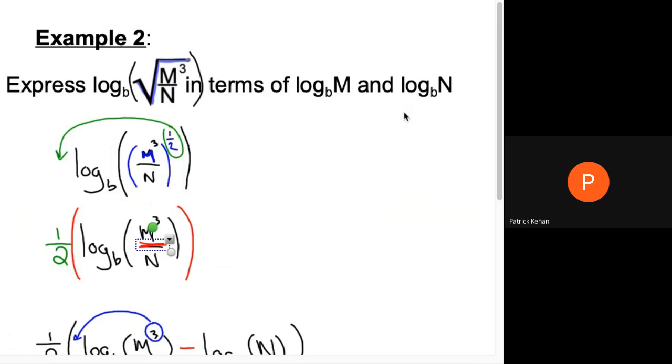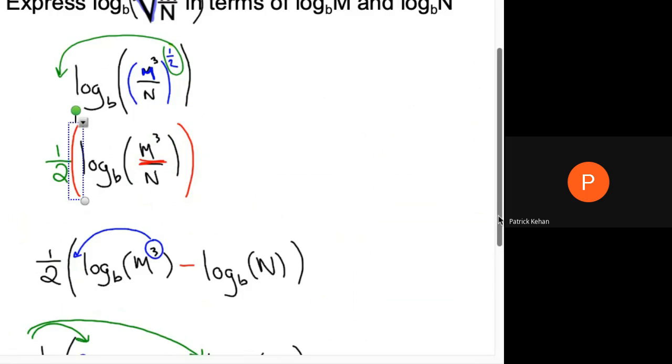The key thing you have to pay attention to right now is that this red group is being multiplied by 1/2. So when we expand this red group into two logarithms from that quotient, we have to multiply that entire group by 1/2 still. So this quotient, fraction, division, however you want to view it, expands into log base b of m cubed minus, that's the division, log base b of n.